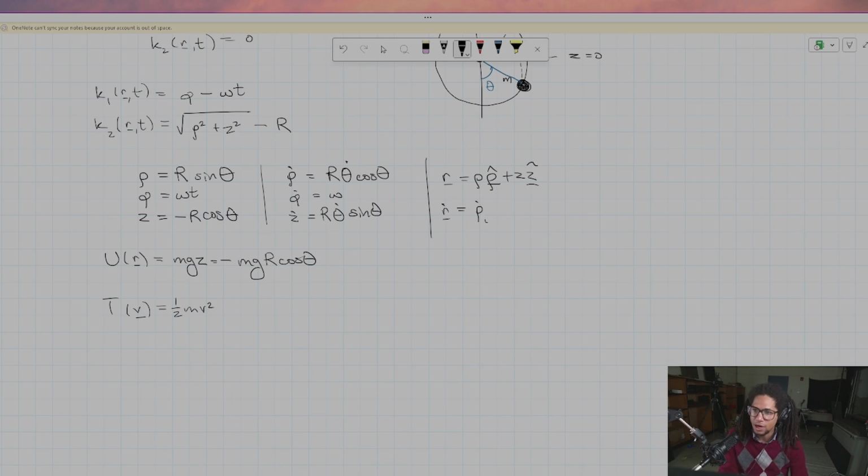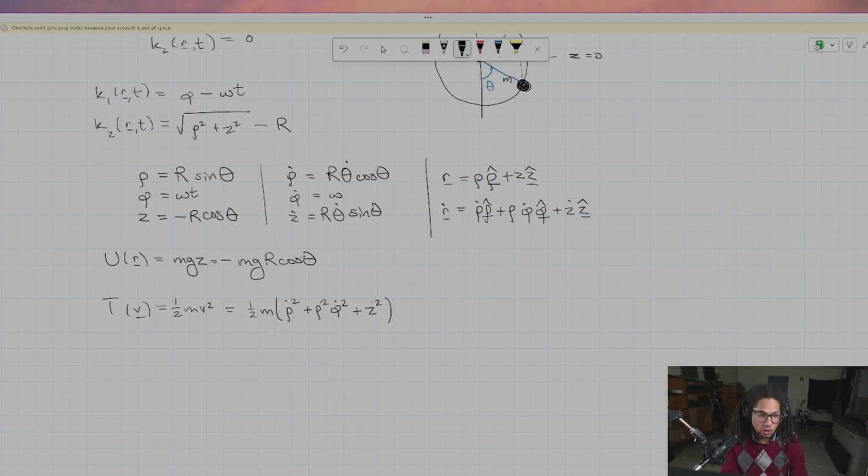What we get is rho dot rho hat plus rho phi dot times phi hat plus z dot z hat. And the reason, remember, that works is that the z hat vector is constant over time. Okay? So this is now in cylindrical coordinates, 1/2 m times rho dot squared plus rho squared phi dot squared plus z dot squared.